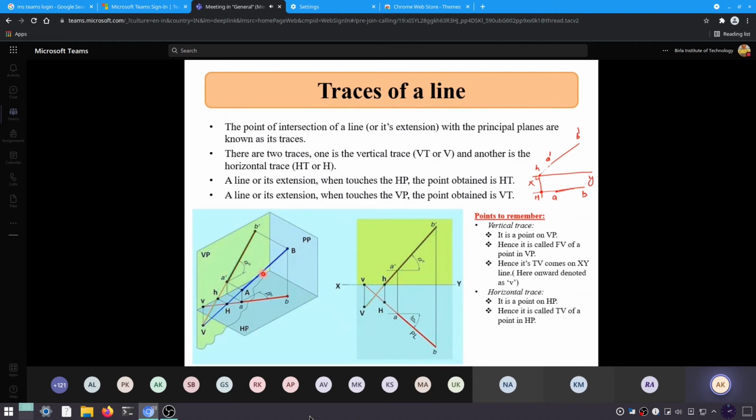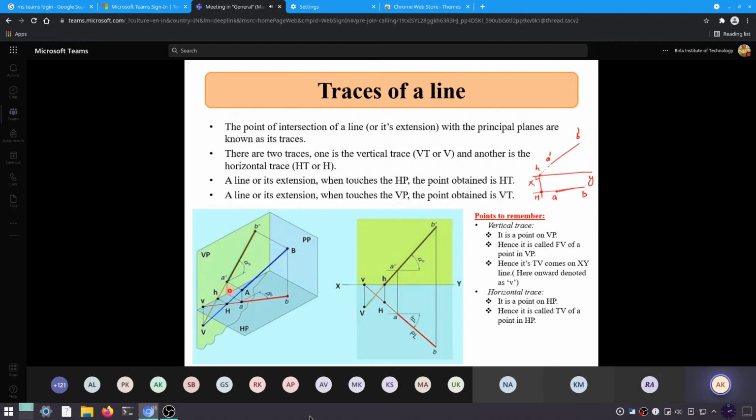Now we will look at the projection of this line. We have got the front view, which has an apparent angle alpha to it. If we extend the front view further, we get the point small h, where the front view meets the horizontal plane, and both small h and capital H, that is the horizontal trace, lie in the same line perpendicular to your XY line.